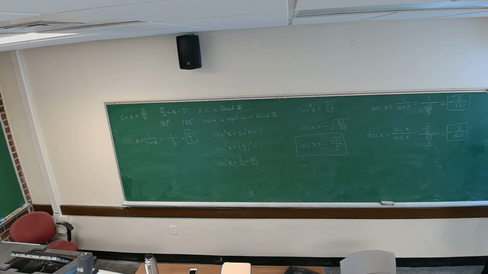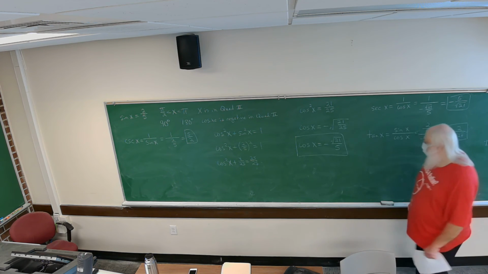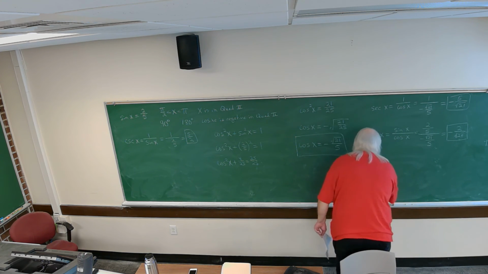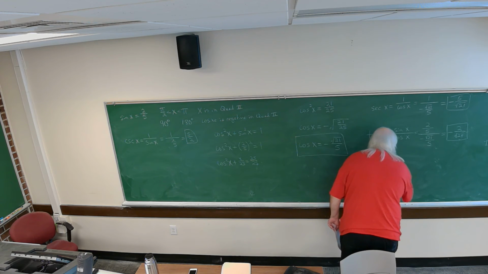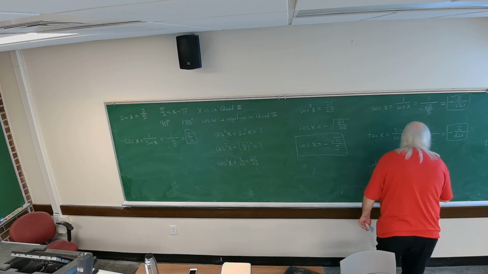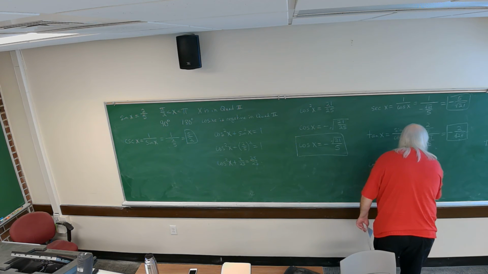And then cotangent x is just a reciprocal of tangent x, right? So cotangent x is a reciprocal of this fraction. Cotangent x is the reciprocal of tangent x, which is equal to 1 over minus 2 over the square root of 21.